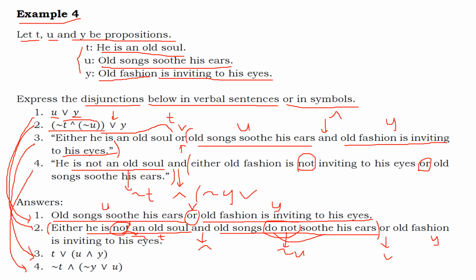Meaning to say we just simply copy your proposition U, and that's it. We apply your logical operators for us to combine 2 or more propositions in a way that we can translate or express both in symbols, in verbal sentences, or in words. So that's how we deal with your disjunction.